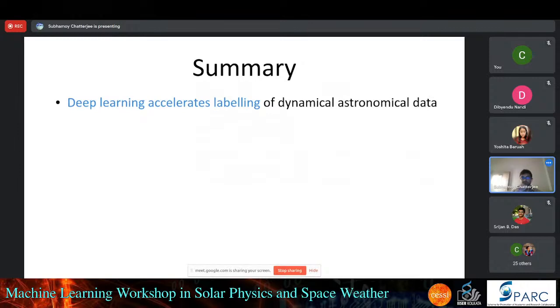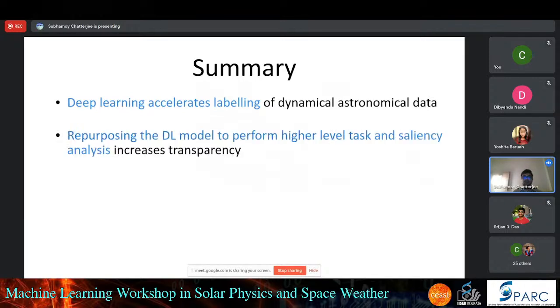We also showed that the deep learning model can be repurposed to do a higher level task than it was originally trained for, and both the emergence epoch identification and the emergence site identification increase the transparency of this model.